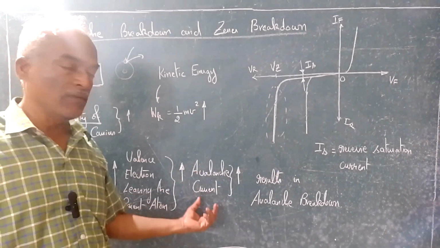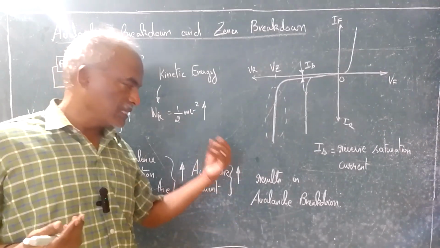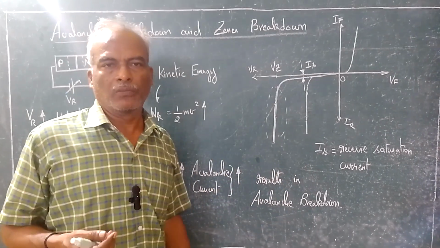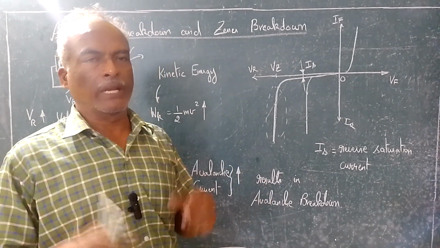That is called avalanche current. A very big current will flow, and that will result in avalanche breakdown.